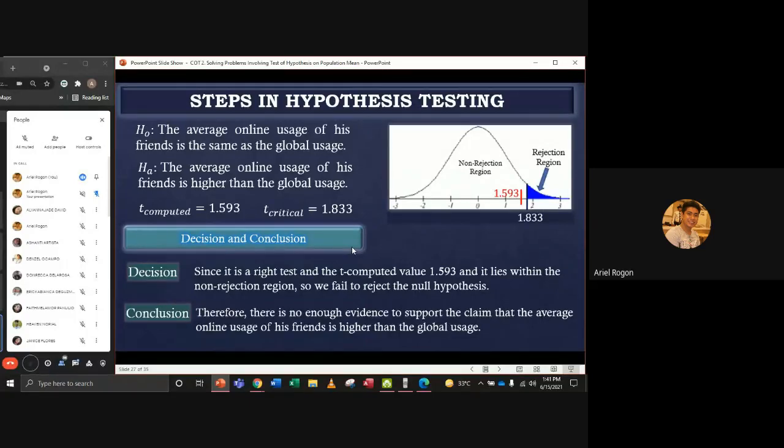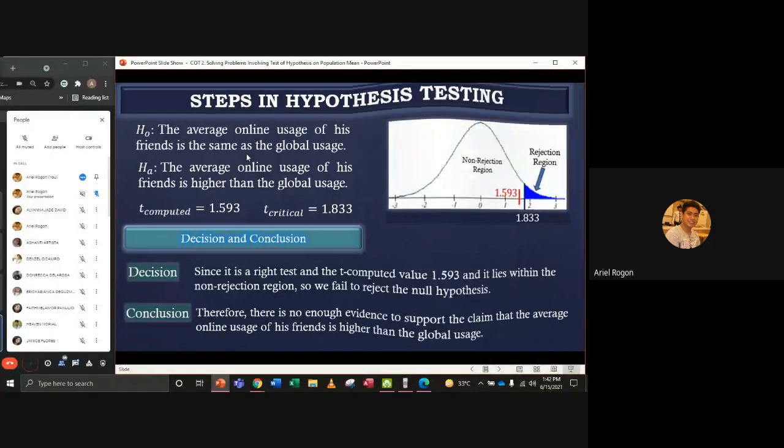Therefore, there is not enough evidence to support the claim that the average online usage of his friends is higher than the global usage. So hindi totoo yung claim ni Lance na according sa 10 friends niya, higher yung online data usage nila sa global. So therefore, i-accept natin ngayon yung null hypothesis. Ibig sabihin, the average online usage of his friends is the same as the global usage.